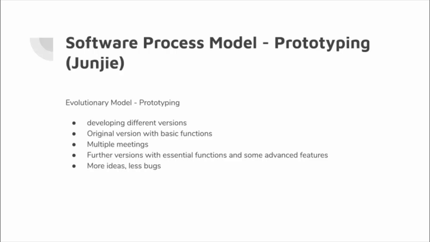After the first meetings, we came up with some basic functions like how to log in, access your account, and build the user profile. After that, we met again and had another version with more functions and advanced features such as the actual game playing, the ELO system, and the game store, to build a complete system.